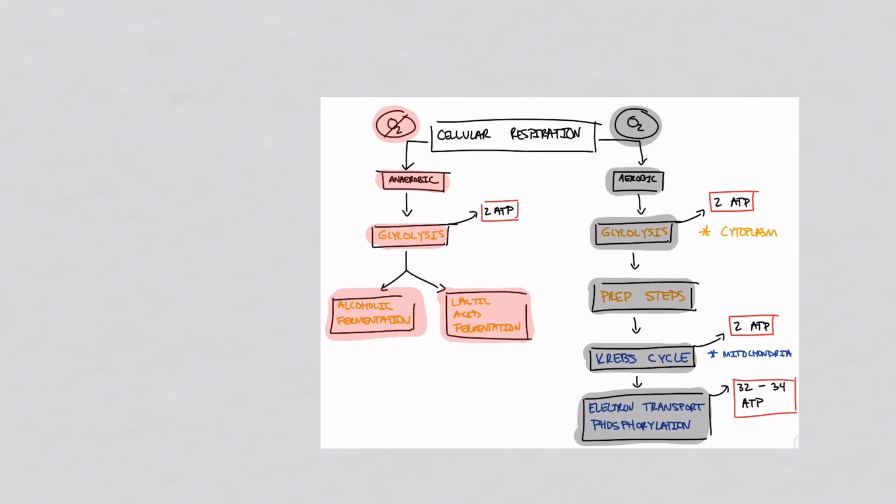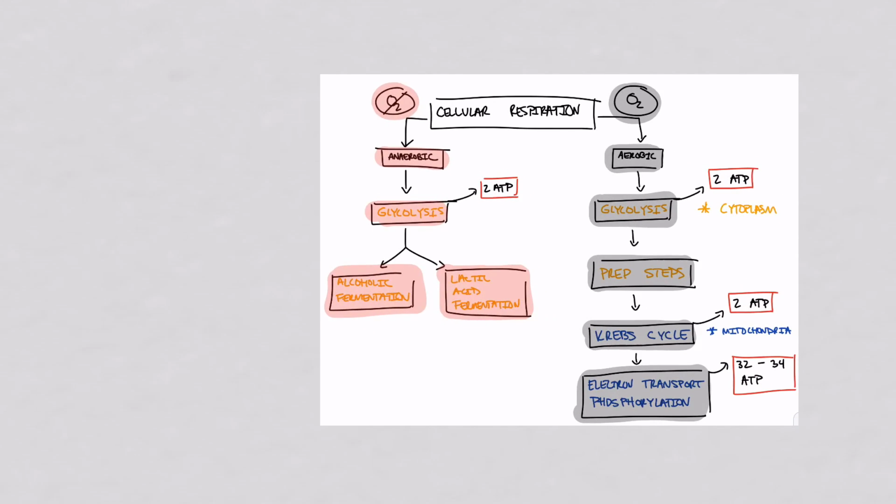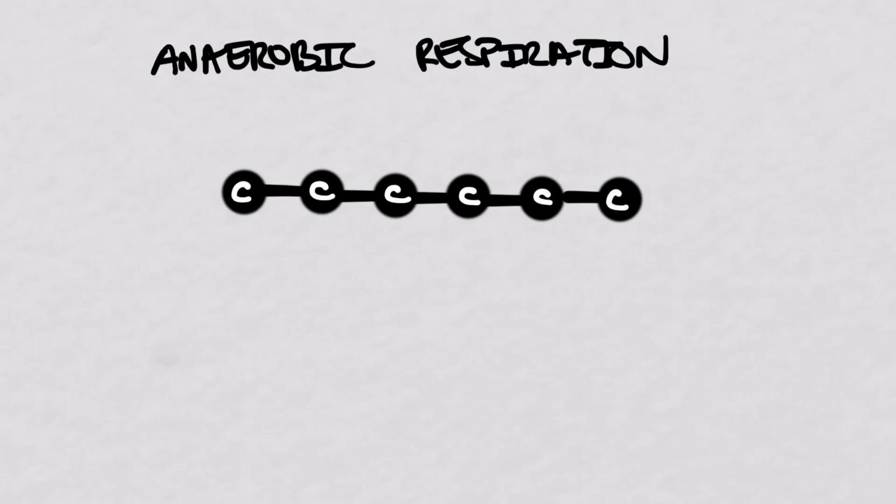Just focusing on this section here. So I'm going to get a new page. Anaerobic respiration starts out in the cytoplasm with a molecule of glucose.